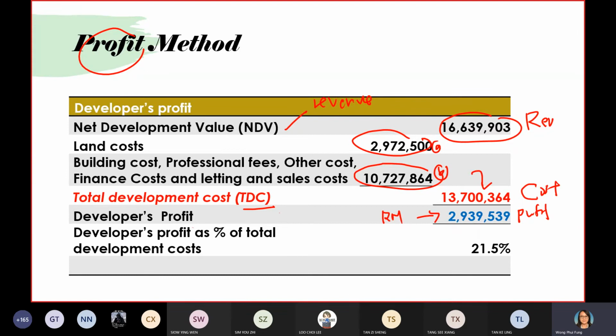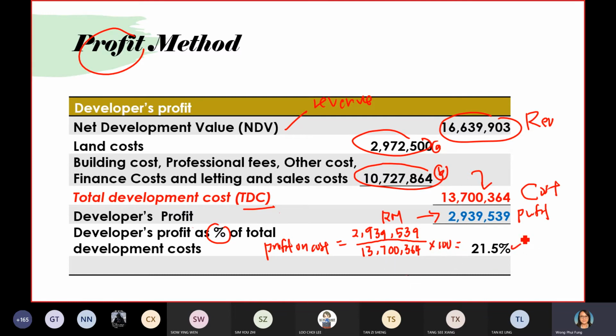Then, if you want to express it in percentage, say for example, as I told you, you can calculate based on profit on cost. Profit on cost is you use the profit 2,939,539 divided by the cost 137,364 times 100.